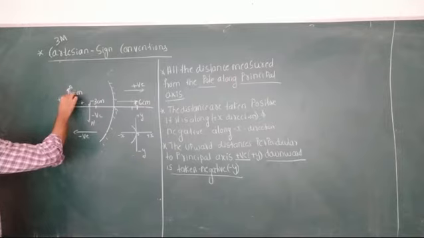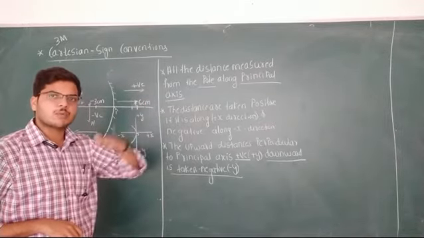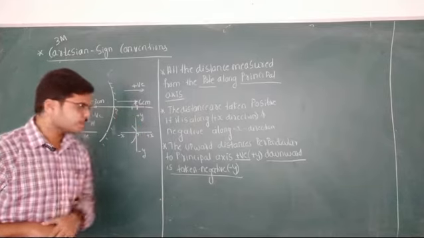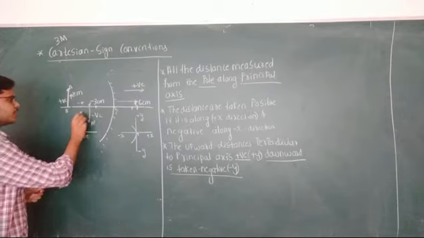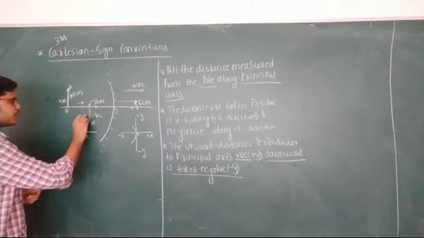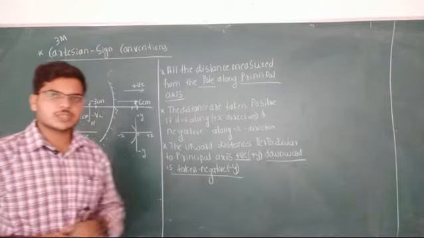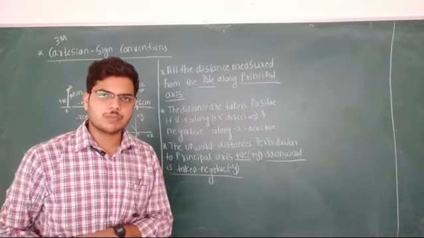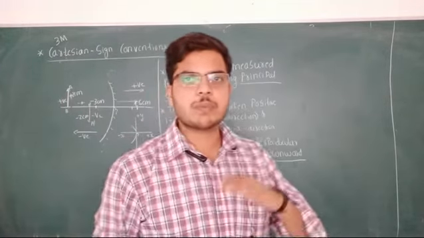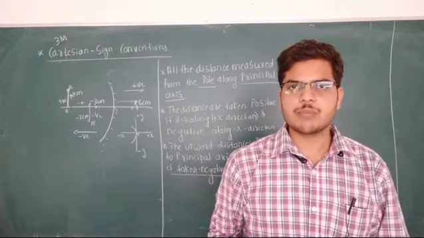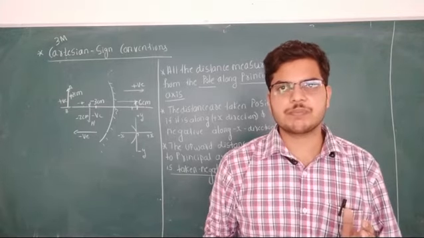Then this is taken as plus 2 centimeter because it is above the principal axis. Now here is A dash B dash. For example, it is also 2 centimeter. Then it is taken as minus 2 centimeter because it is below the principal axis. Is it clear? Above the principal axis, you take it as positive. Below the principal axis, you take it as negative.